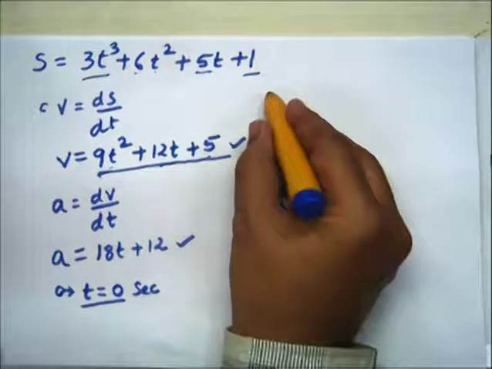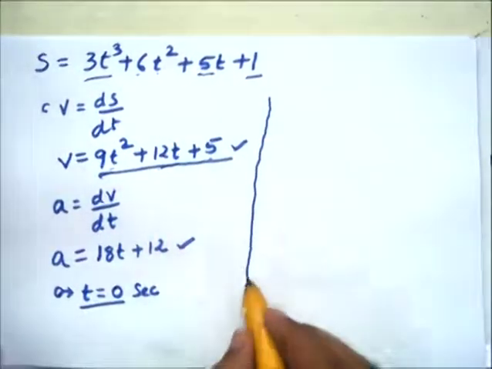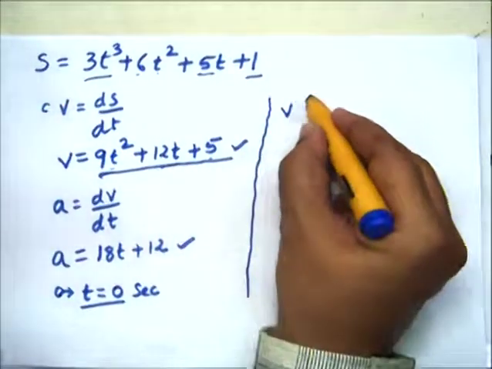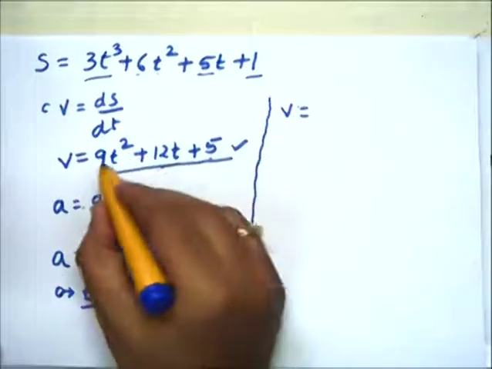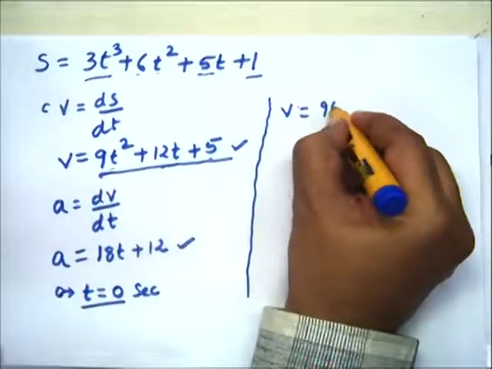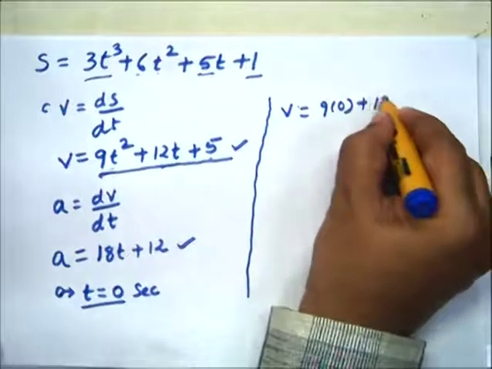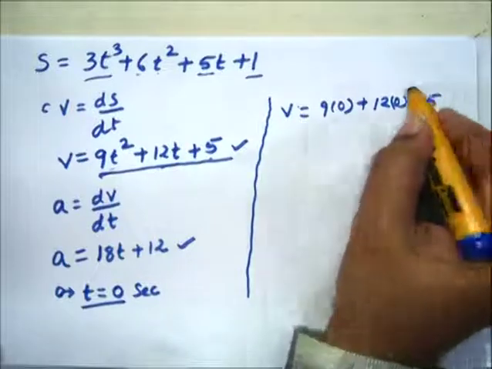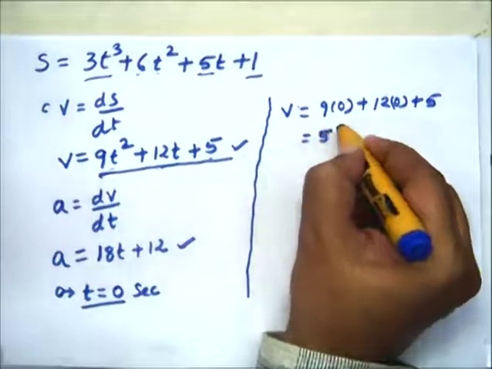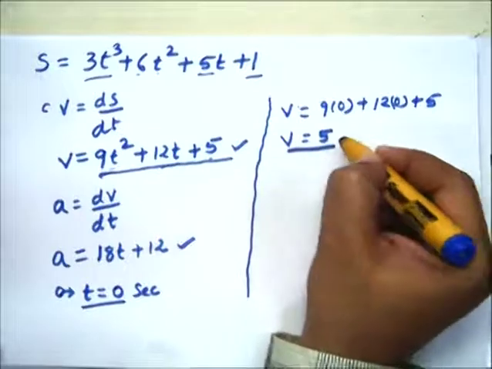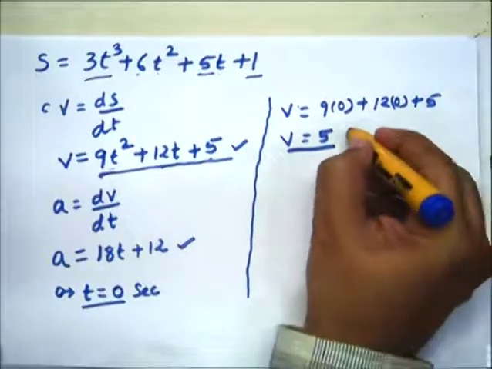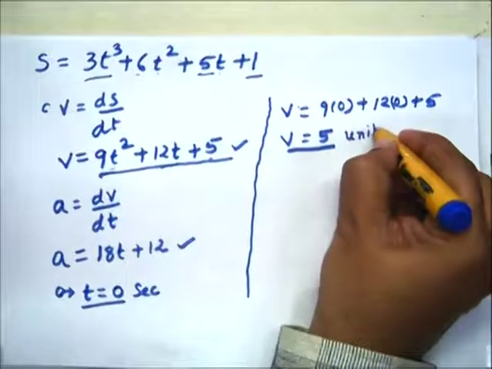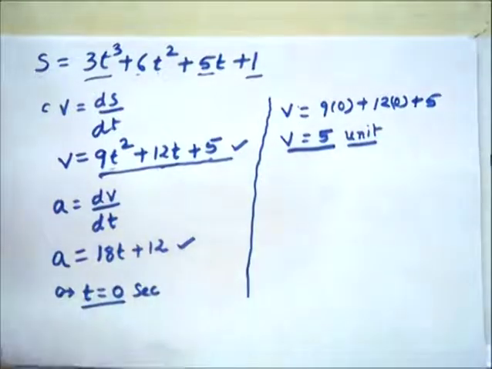So for that, let us put t is equal to 0 here. We have 9 into 0 plus 12 into 0 plus 5. So it is 5 units. So initially the velocity of the particle is 5 units.